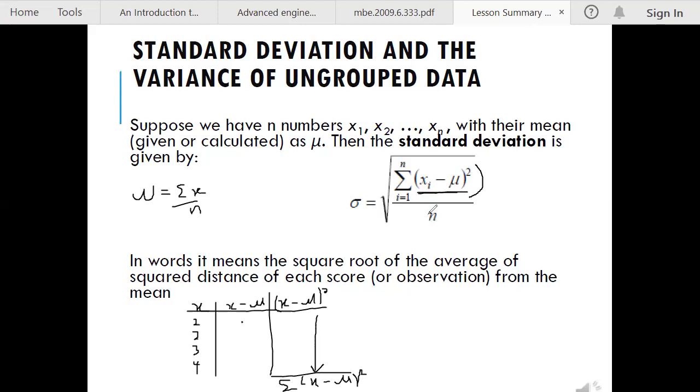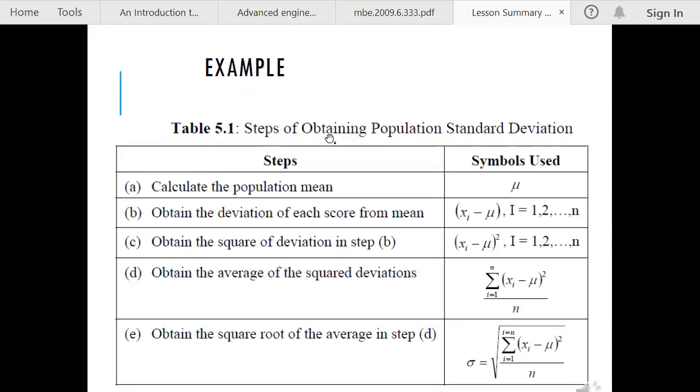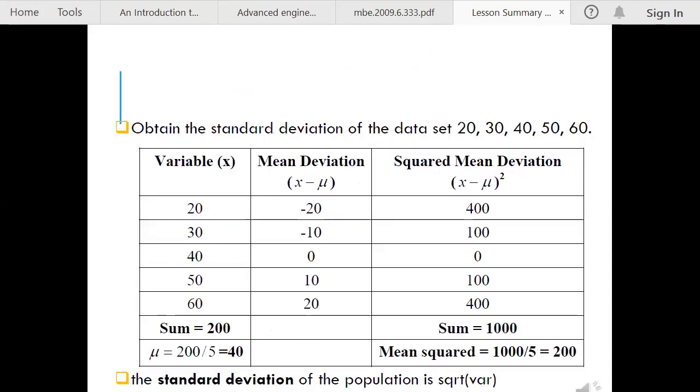So let's try an example. These steps are demonstrated as we can see here.